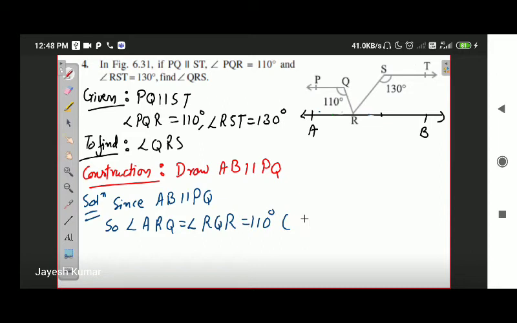Why so? Co-interior angles. I miswrote it. What will happen is both are co-interior angles. That means the sum should be 180 degrees. Angle ARQ plus angle RQP is equal to 180 degrees. Reason being co-interior angles.